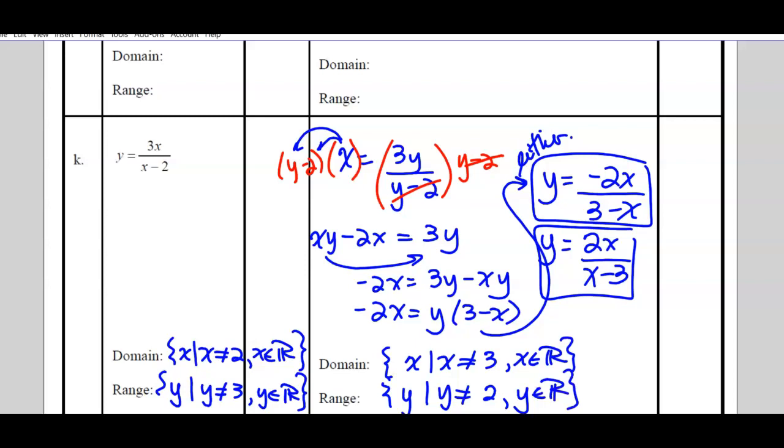Okay. So why can y not equal 2? Well, if you have a really big number, so if I put in here, there we go.